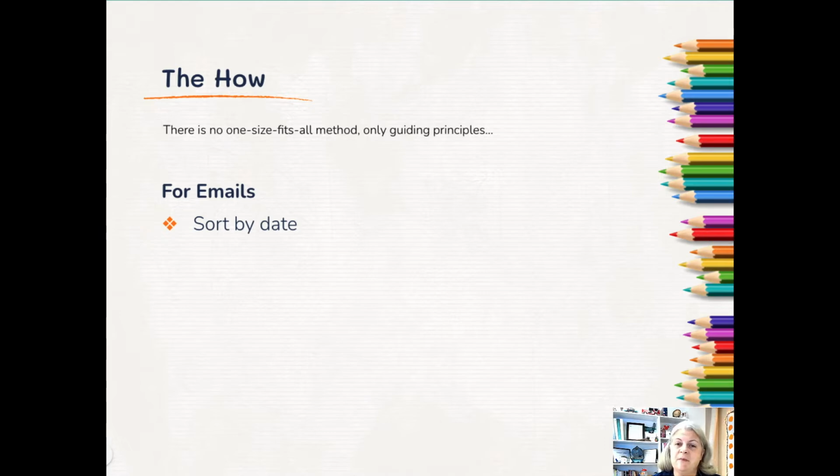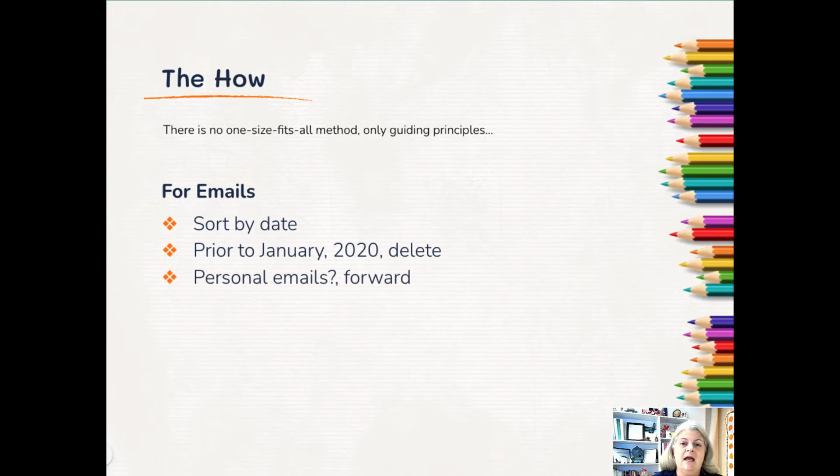But you just sort by date and then look at everything prior to January 2020. And depending on your style, some people are just going to mass delete. Some people are just going to not even pay attention to what happened more than 2 years ago and let the system do what it will and delete those emails.